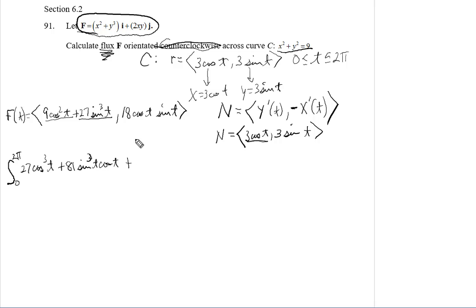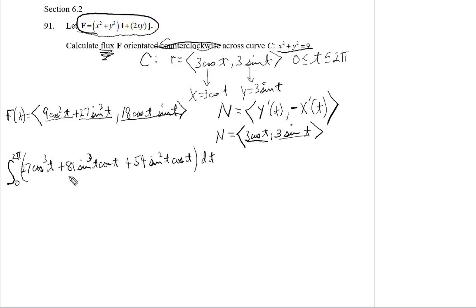And we would have the 18 cosine t sine t times 3 sine t, which would be 54 sine squared t cosine t.